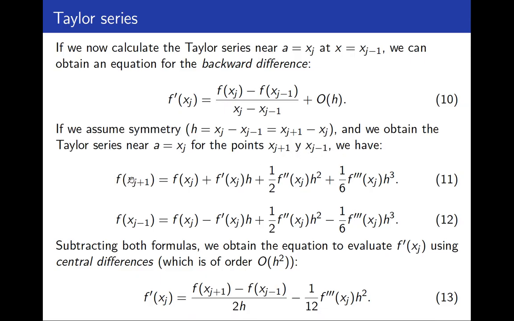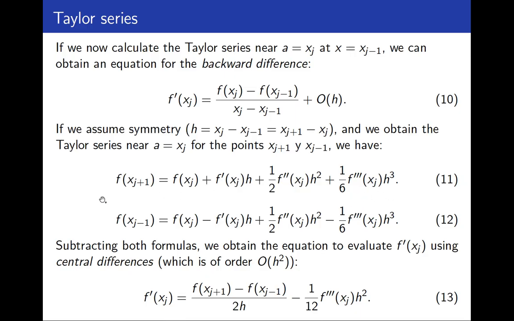We have a Taylor series equation for f evaluated at xj plus 1, and another Taylor series for f evaluated at xj minus 1. You can see that these equations look very similar. I'm only considering up to the third derivative, and the only differences appear in the first derivative, where we have a positive sign here and a negative one here, and the same happens for the third derivative.